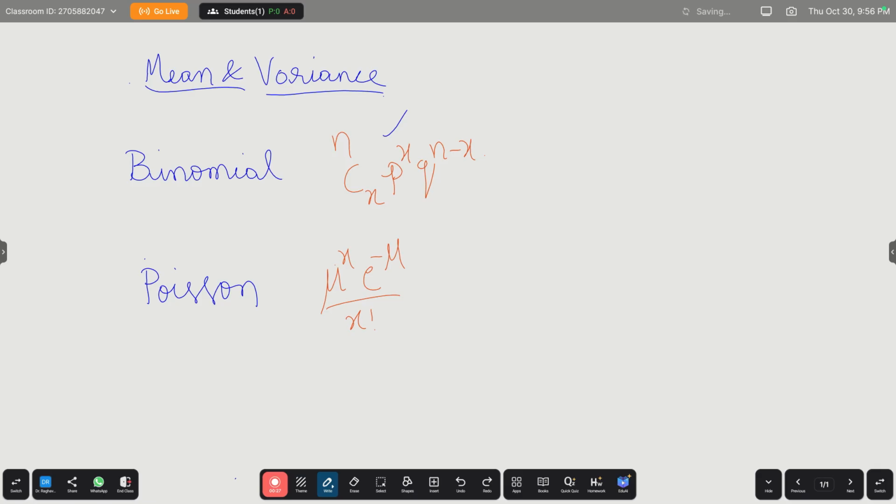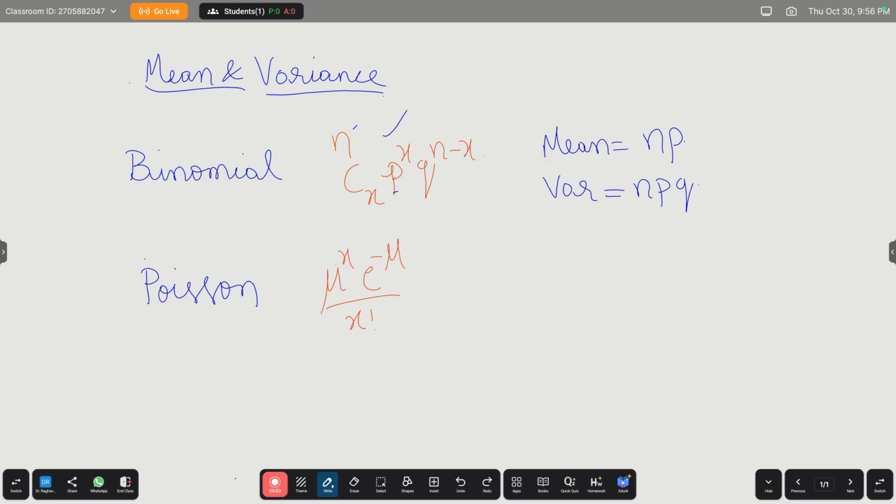Also, we had noted that mean of binomial distribution will be n multiplied by p. n is the number of trials and p is the probability of success in one trial. If you multiply n and p, you will get the mean of the binomial distribution. Variance can be found just by multiplying n, p and q.